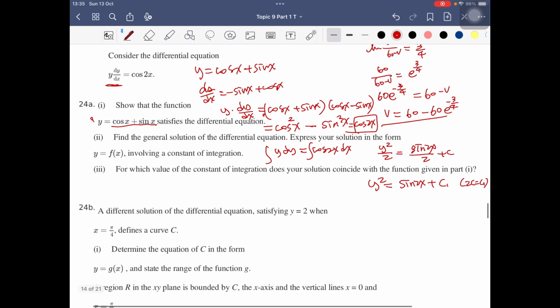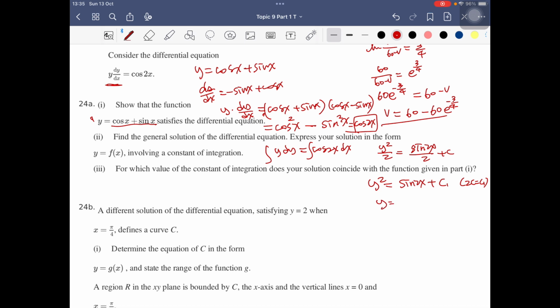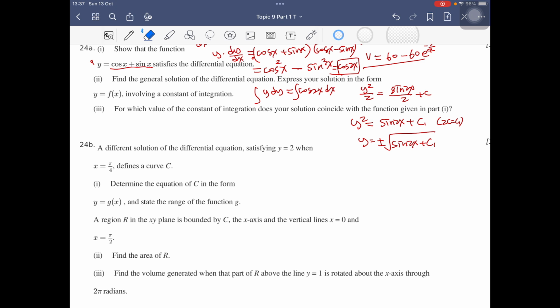So y becomes plus or minus the square root of sine 2x plus c1. The number in the square root should be larger than or equal to 0. And we know the minimum of sine 2x is negative 1.